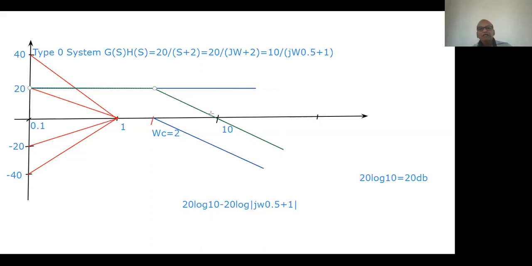Then from there the slope is minus 20 dB per decade. In this way you may draw the magnitude Bode plot.